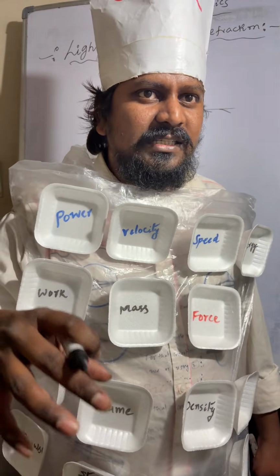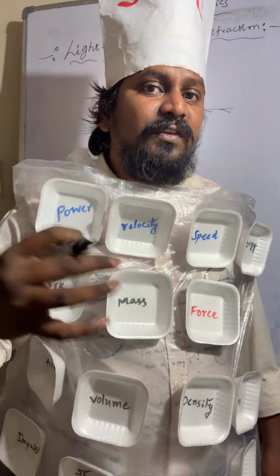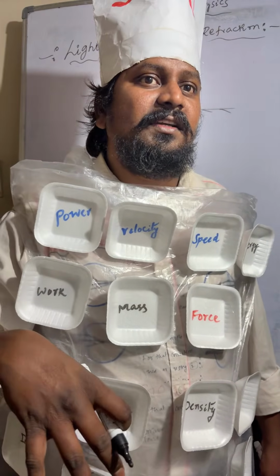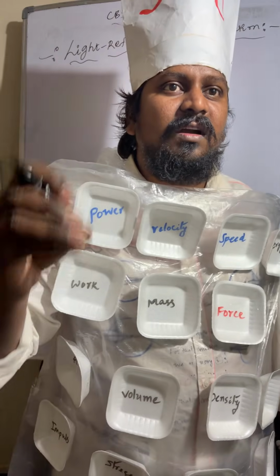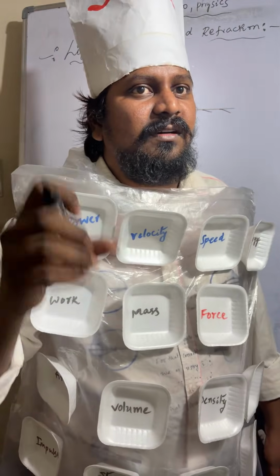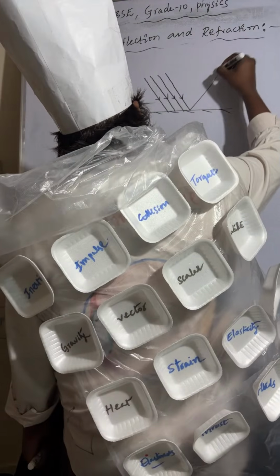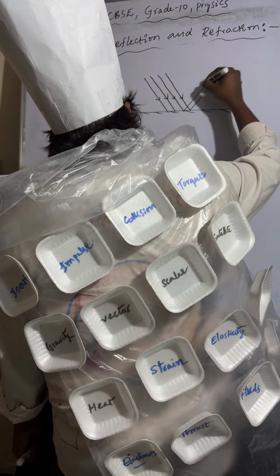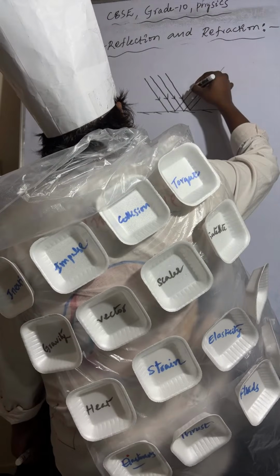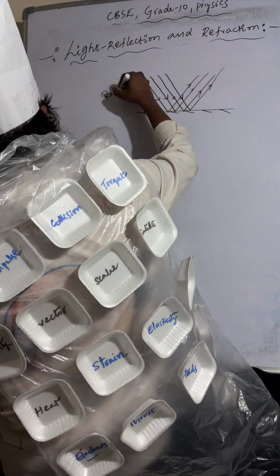After reflection, the reflected light rays are also parallel to each other. This type of reflection is called regular reflection. Here you can see the incident light rays are parallel, and the reflected light rays are also parallel to each other.